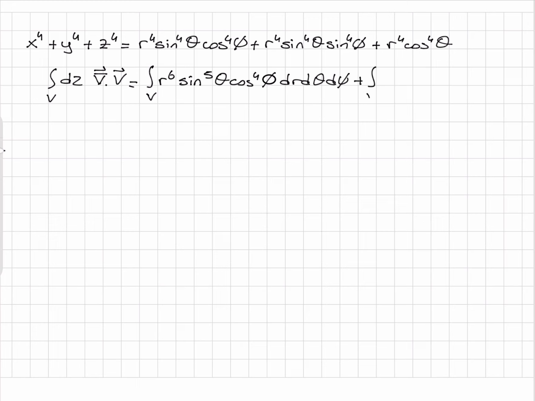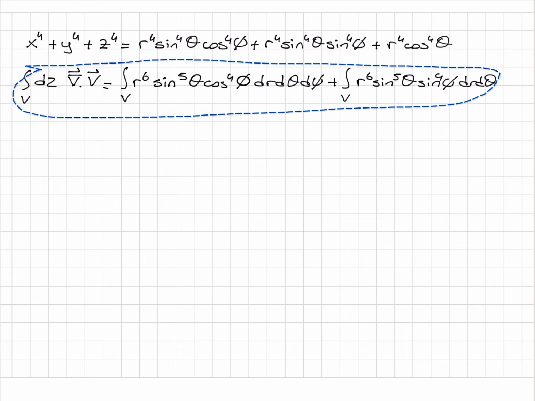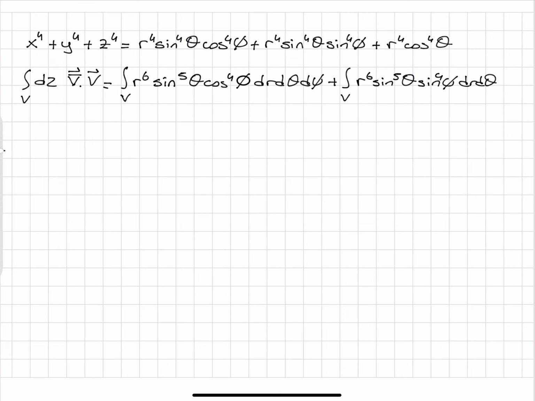The second term is r to the 6 sine theta to the power 5 sine phi to the power 4 dr d theta d phi, right?